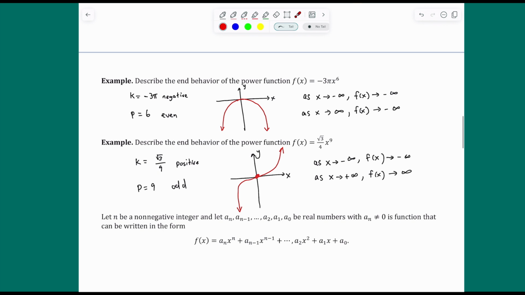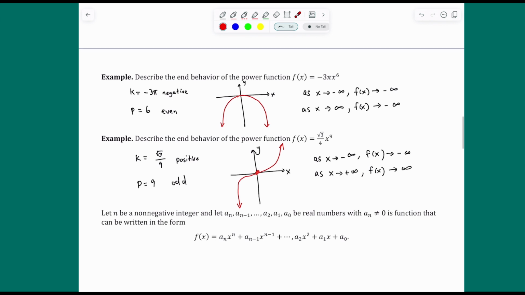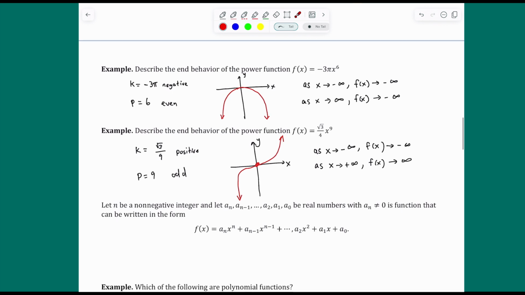Okay, so let n be a non-negative integer, and let a sub n minus 1, a sub 2, a sub 1, a sub 0 be real numbers with a sub n not equal to 0. So I'm missing a keyword here. I have no idea why, but let's stop this sentence here.